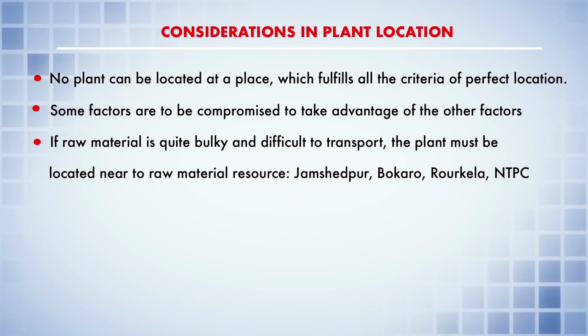For Tata Steel we need the raw iron which comes from the iron mines. So that particular location should be near, because the raw material is bulky and the final product after certain processes is not so bulky.